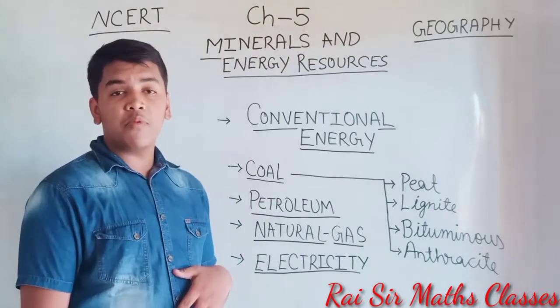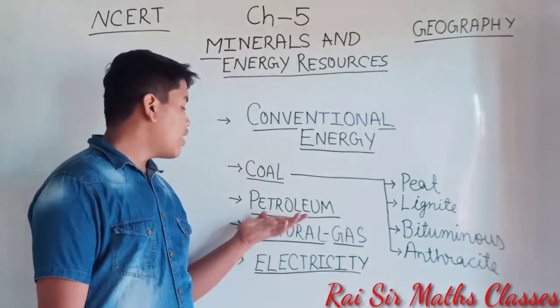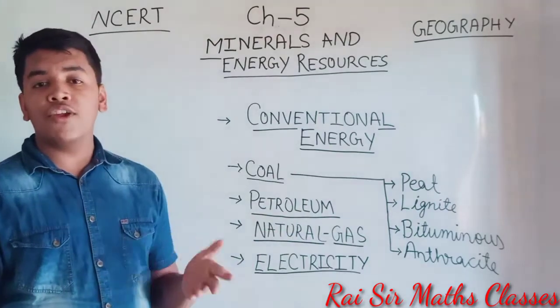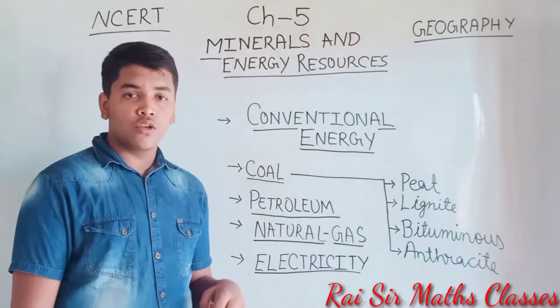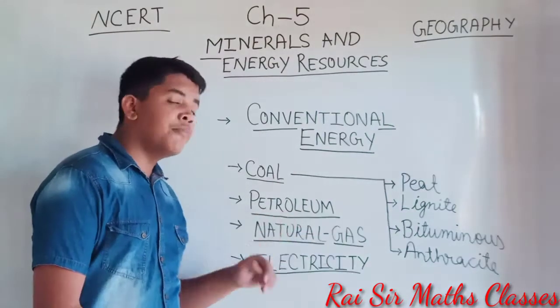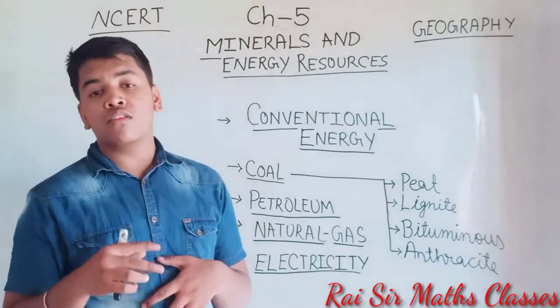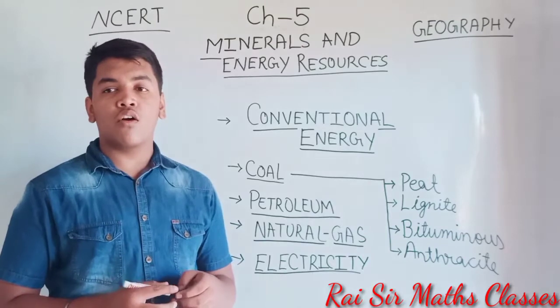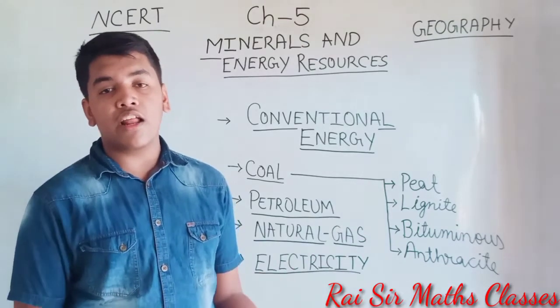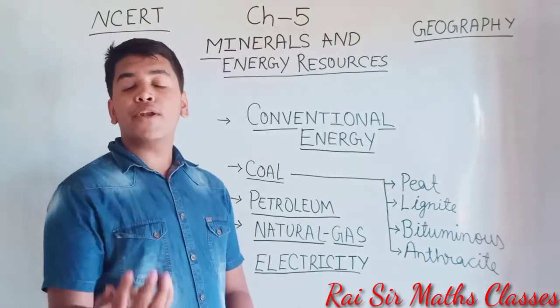As I told you in my previous video, petroleum is a non-renewable source of energy, so it is in limited quantity in nature. There are many vehicles that are utilizing petroleum and diesel.